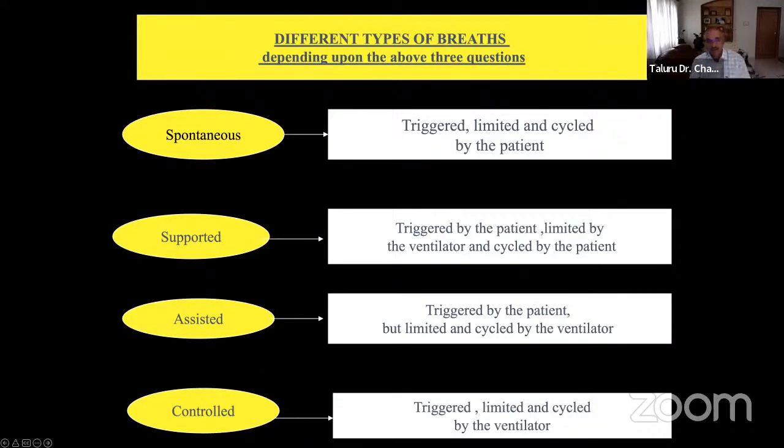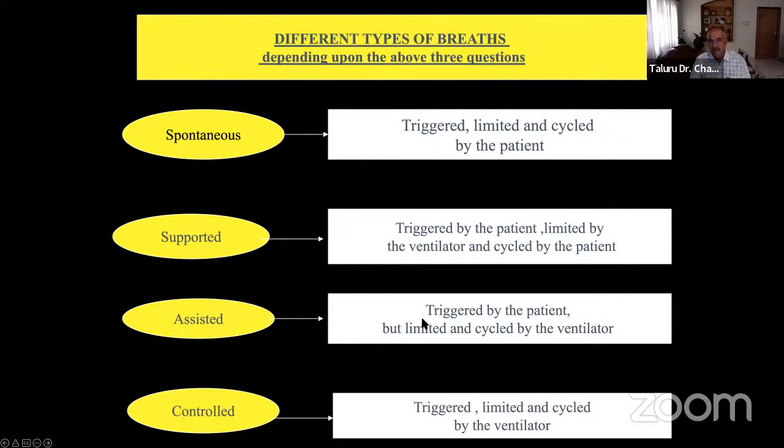So there are only 3 types of breaths. One is controlled, where it is triggered, limited, and cycled by the ventilator. If it is a volume breath, it is volume limited. If it is a pressure breath, it is pressure limited, and it is time cycled. Time triggered, time cycled, limited by volume or pressure.